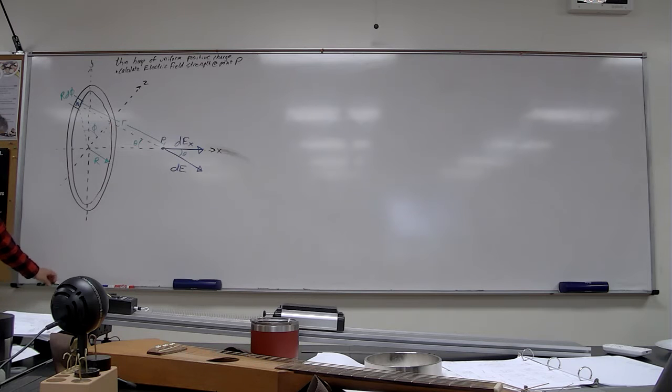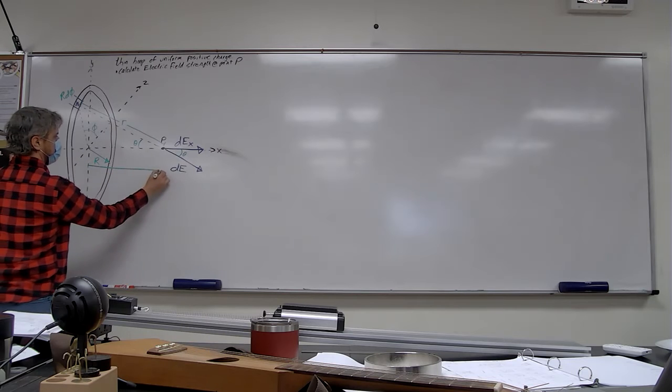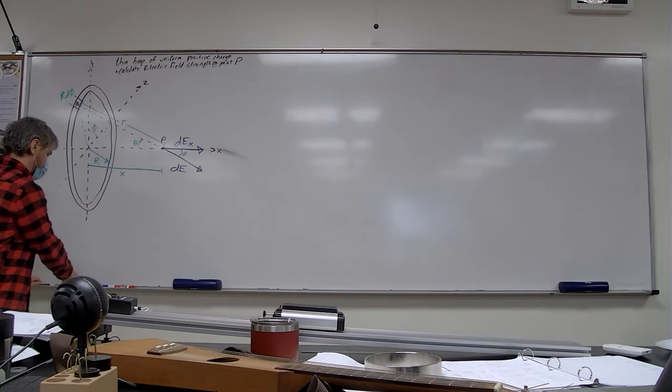This distance right here is x, just the position in the x direction of the point in question. Might be useful in the future. I'm just labeling everything that might end up being useful.